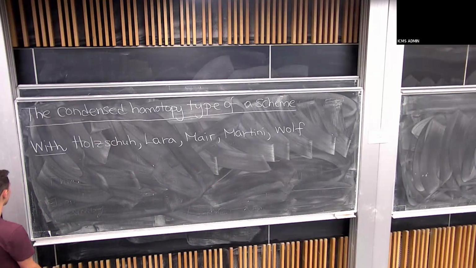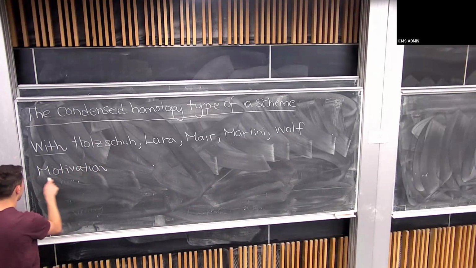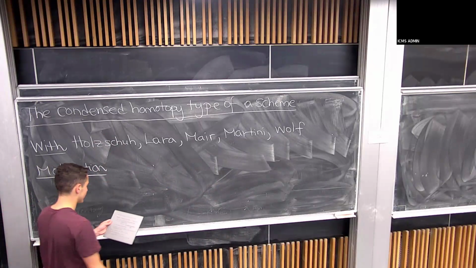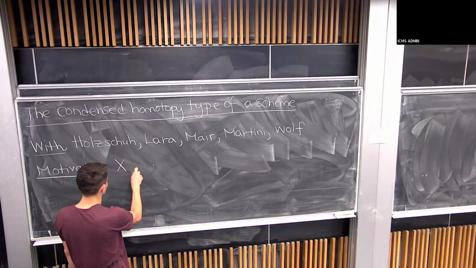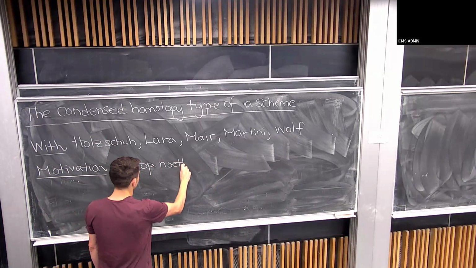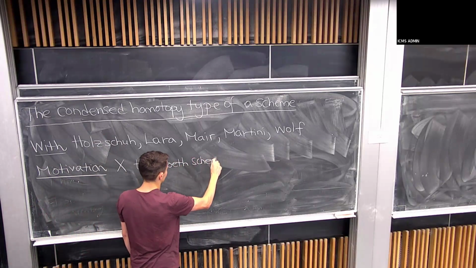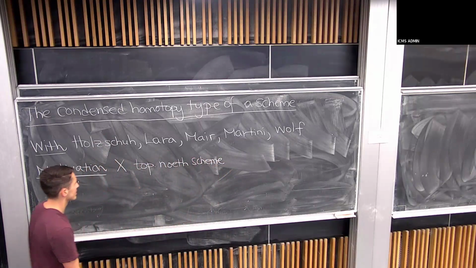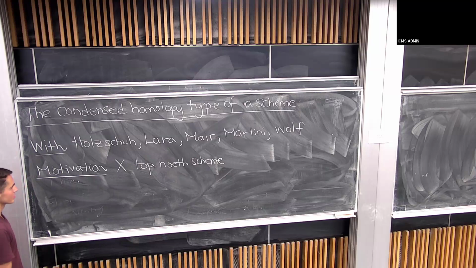And yeah, so let me start with some motivation. Say we have X, which is what's called a topologically Noetherian scheme. So this just means that the underlying topological space is a Noetherian space.